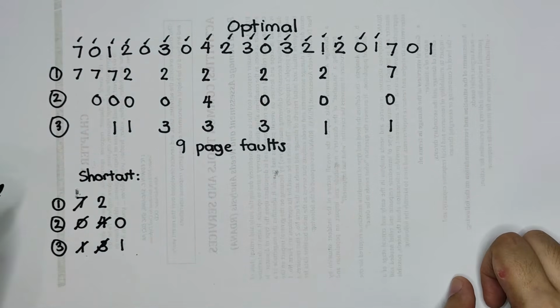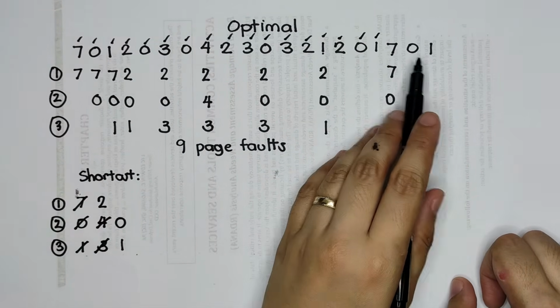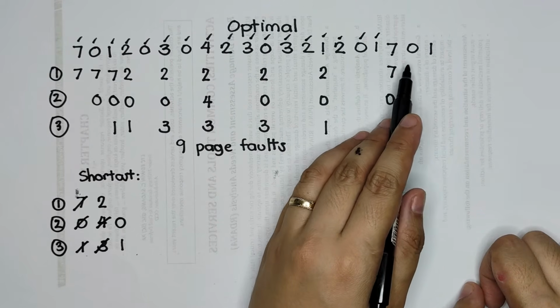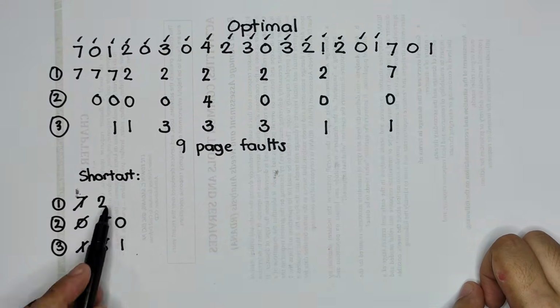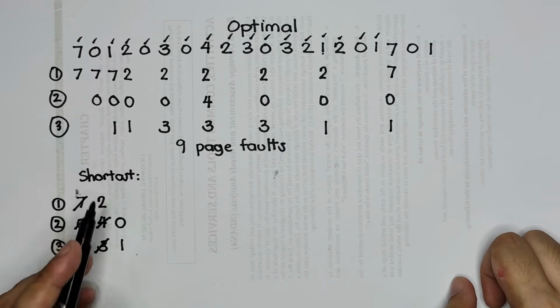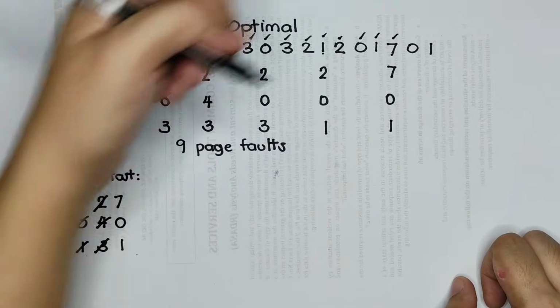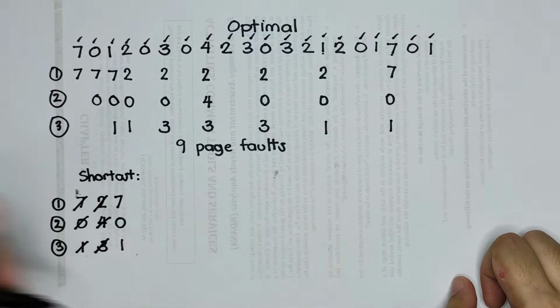Okay, next is we have 7. So 0, 1 will be the only values that are left. So since 201 is the current value and 2 will not be used anymore, replace 2 with 7, and then we have 0, and then we have 1.